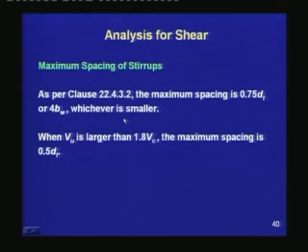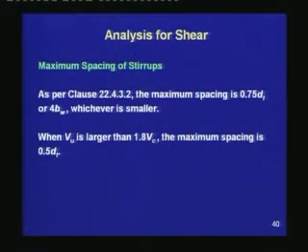Thus, the maximum spacing is the smaller value of 75% of the value of dt or 4 times the breadth of the web. If the shear demand is high, that is if it crosses 1.8 times Vc, then the maximum spacing is reduced to 0.5 dt. Thus, for higher values of Vu, the stirrup spacing is even restricted.